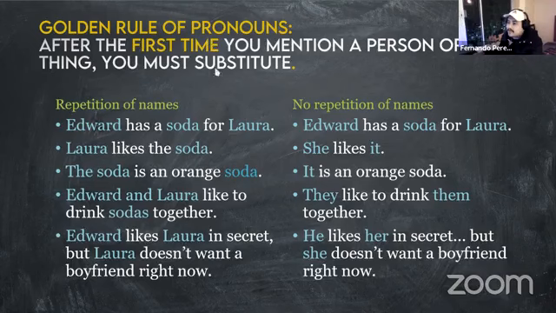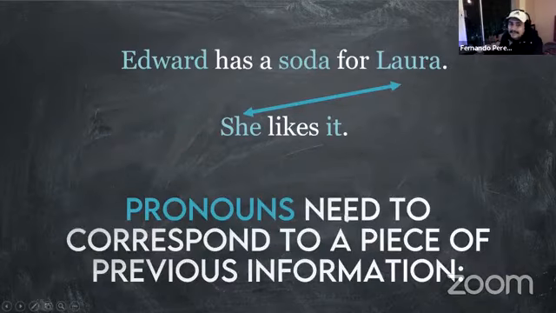So remember the golden rule. Okay? After the first time you mention a person or thing, you must substitute. He, she, it, we, they, etc. Pronouns need to correspond to a piece of previous information.